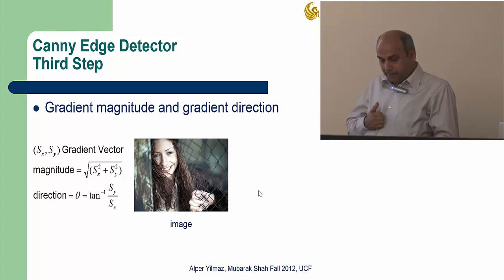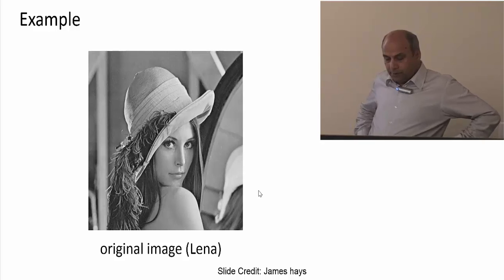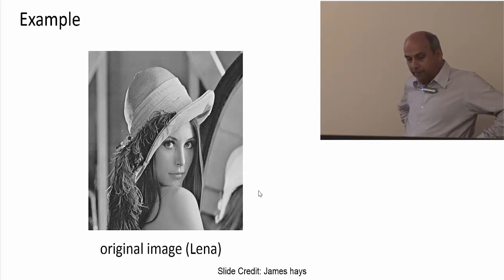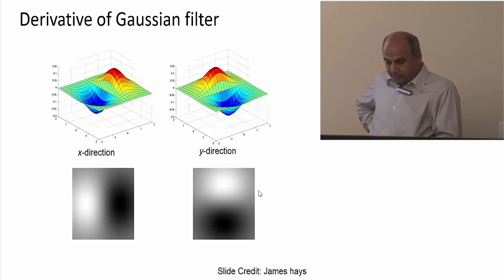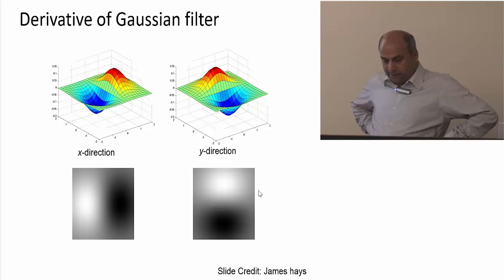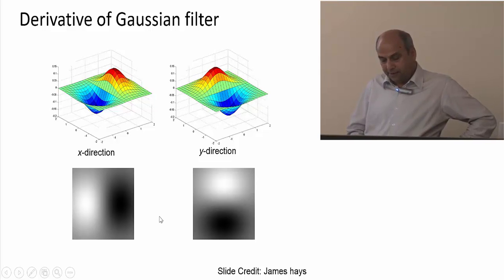Okay. So if it is an image, then this is the gradient magnitude. If this is the example image, the Lena image, and these are the derivative Gaussian filters, if you plot them, they look like that, or if you just display them as an image, it looks like that.